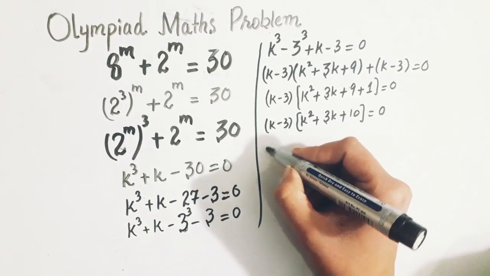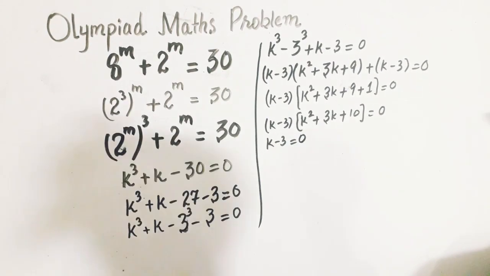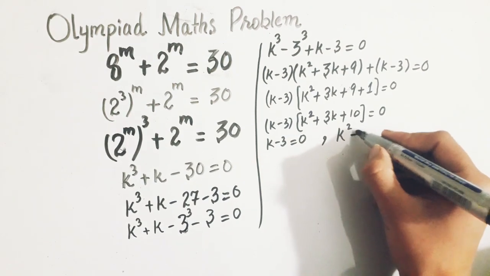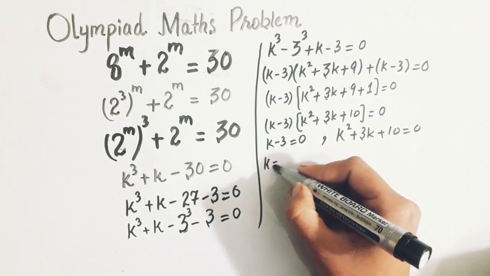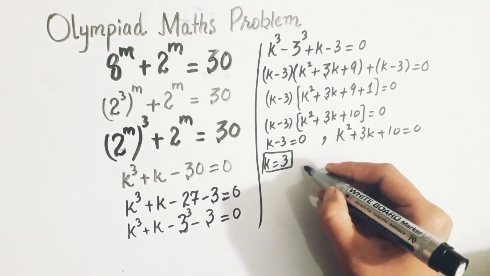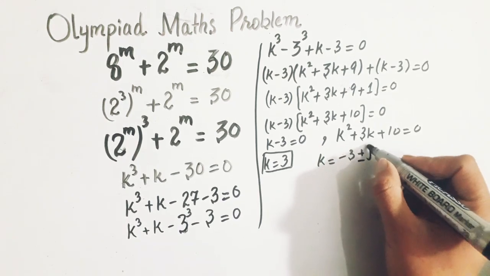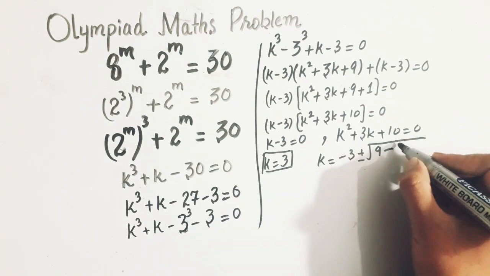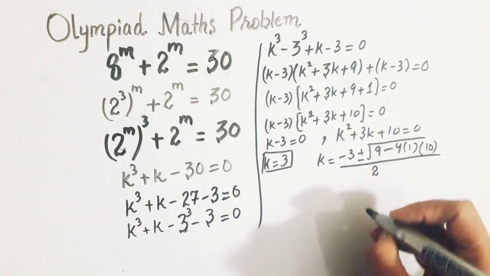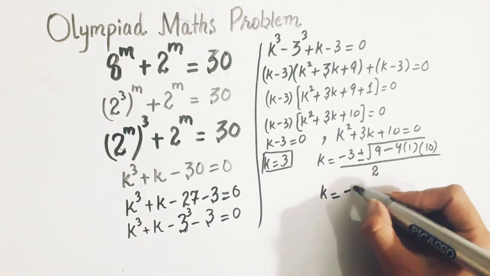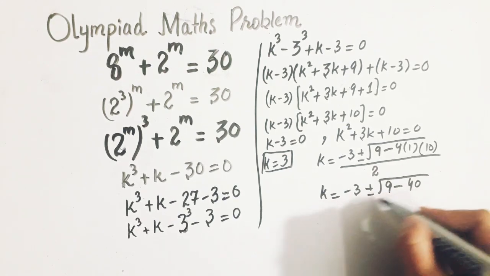So after this, k minus 3 equals 0, and the other factor is k square plus 3k plus 10 equals 0. So the value of k is 3. For the other factor, k equals minus 3 plus minus root of b square minus 4ac, that is 9 minus 4 times 10, divided by 2.